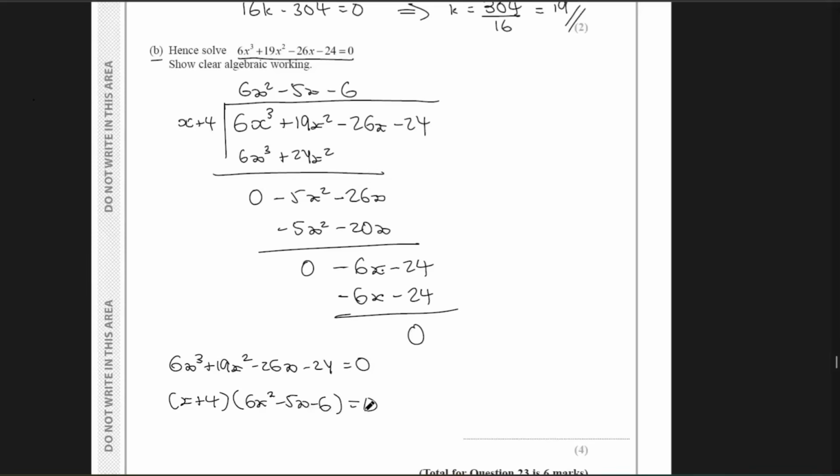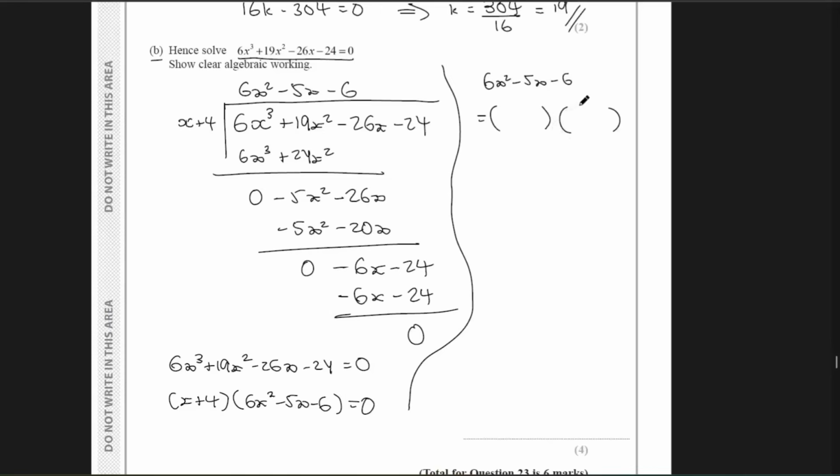In order to solve this completely, we need to factorize the quadratic factor further. So 6x squared minus 5x minus 6 can be factorized into 2 brackets. Let's do trial and error. So we have minus 6 as the last term. So we need to think of 2 factors of minus 6.